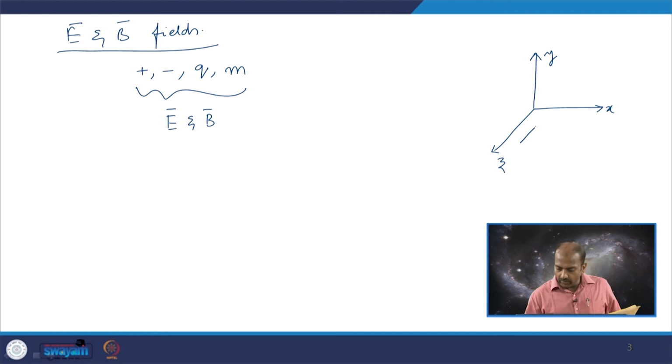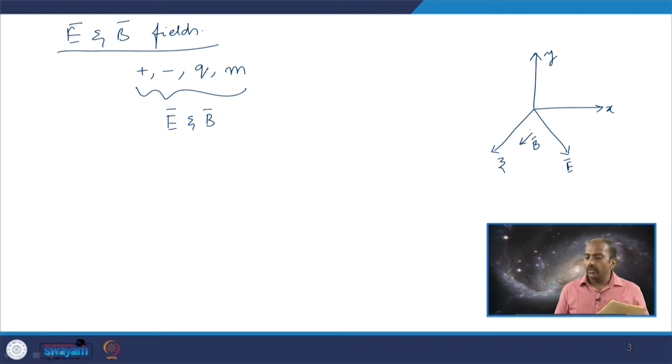The magnetic field is present along the z axis, and the electric field is present in the x-z plane.